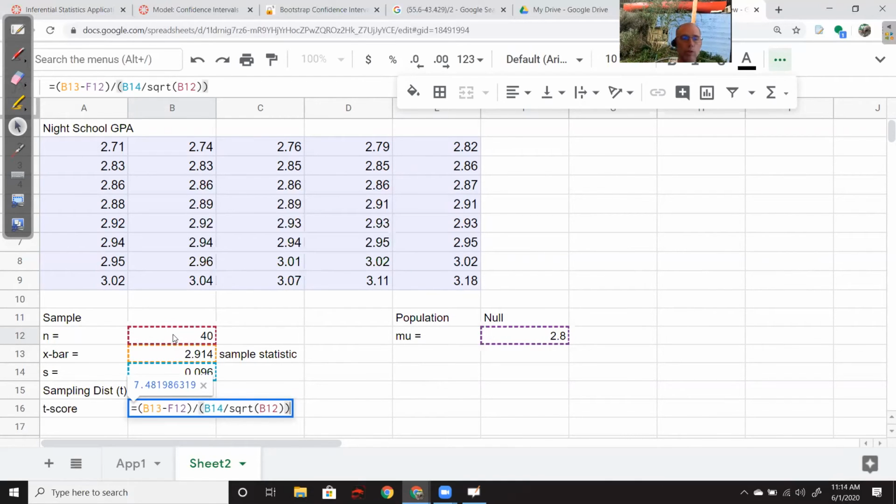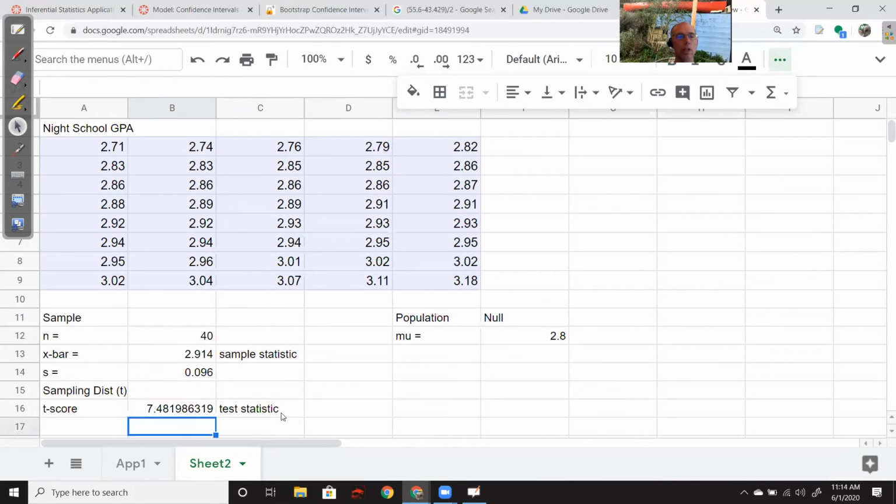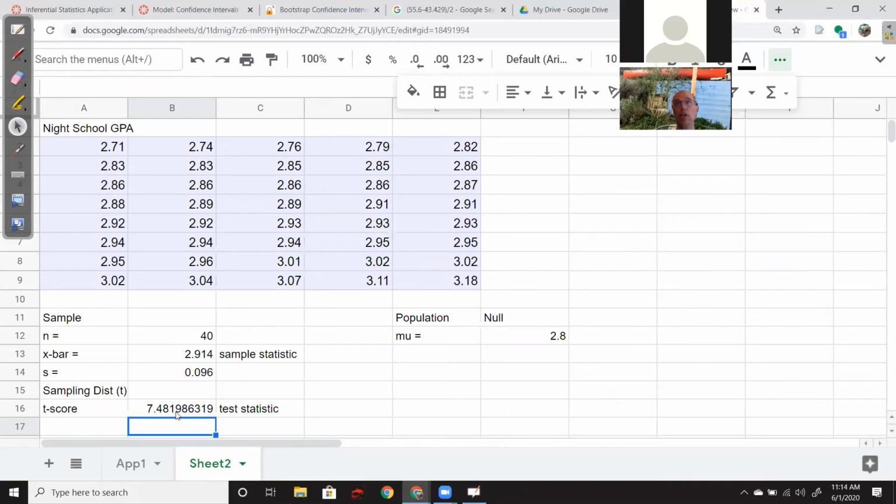Google is better at guessing your parentheses. If you don't put them in the right spot, Excel just flips out on you and says error. So make sure you end stuff in the right spot. I think that's good. I get 7.48 for the t-score. Whoa, that's huge. Think about z-scores. A z-score of 3 is pretty big. So that's gigantic. Wow, make a note.